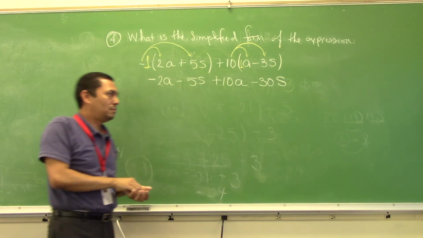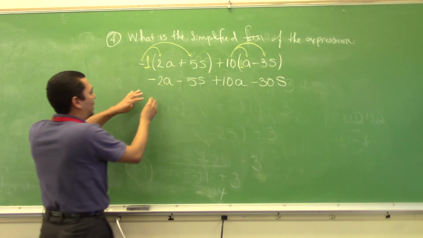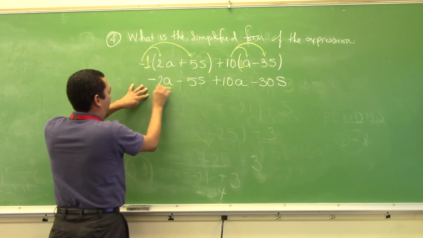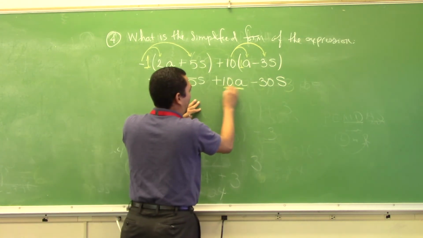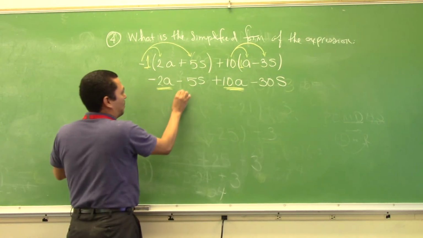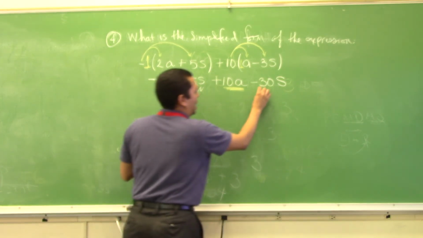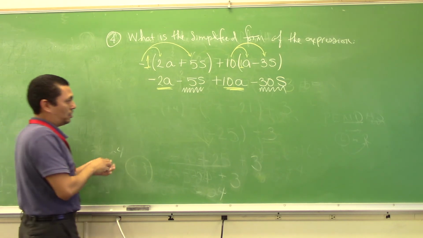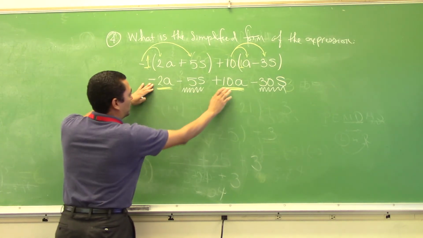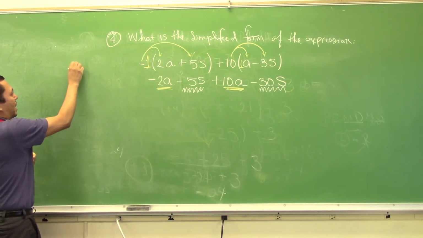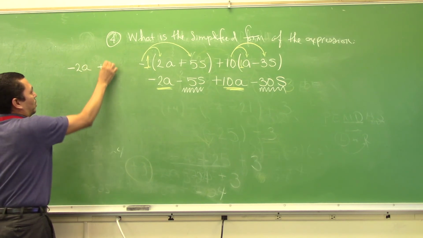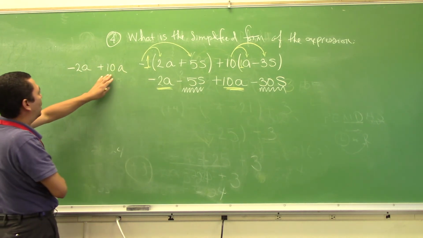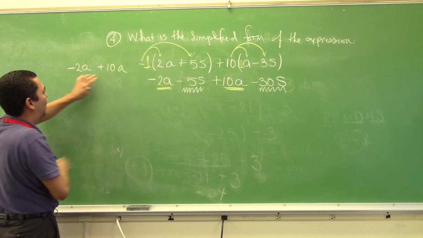Okay, now you can find like terms. So 2a, 10a, those are the same. And then you have negative 5s and negative 30s, which are also like terms. So I have negative 2a plus 10a. Remember, you ask which one has a bigger absolute value? 10.